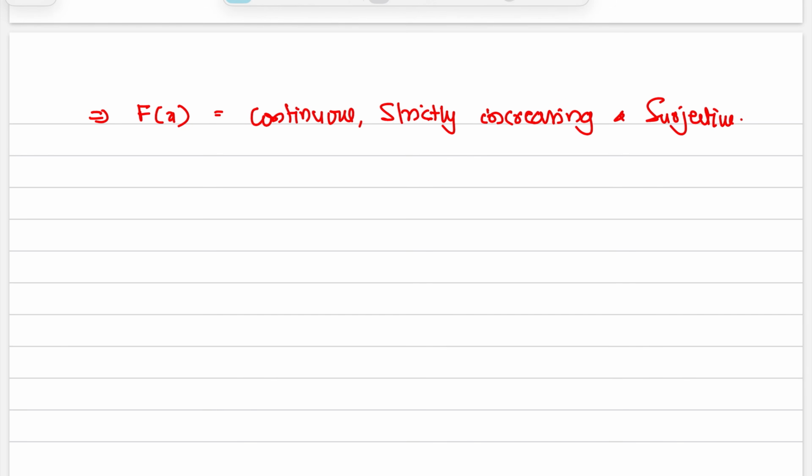I will explain. Now, ultimately what we say, h(x) is equal to the integration constant c. That implies the integration constant c is equal to f(x). Hence, what is the value of x? x is equal to f inverse of c.